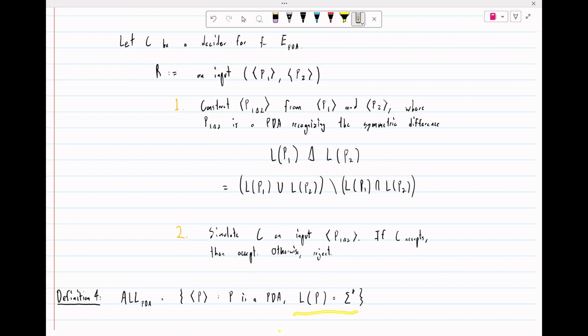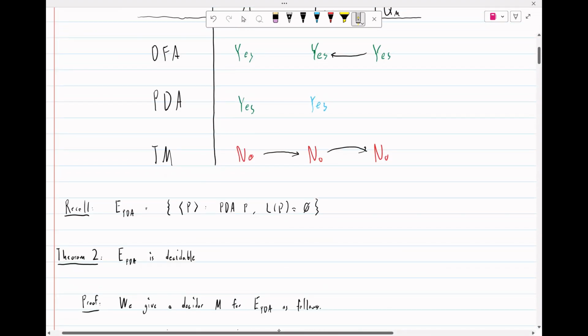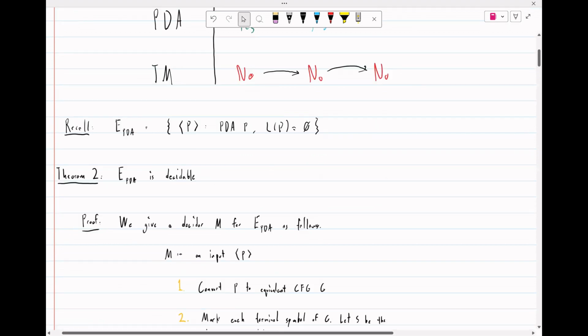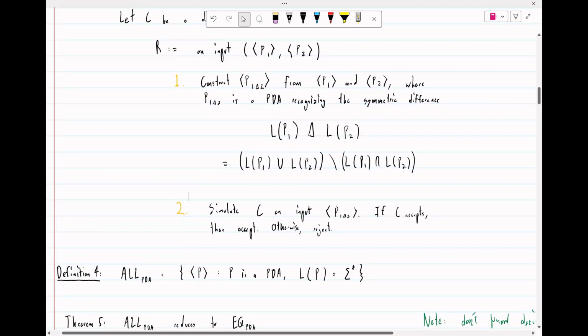It's just the opposite, or I guess as different as possible. What I'm saying is the description doesn't seem super different. In spite of the fact that we showed the emptiness testing problem for PDAs to be decidable, it turns out that ALL PDA is going to be undecidable.